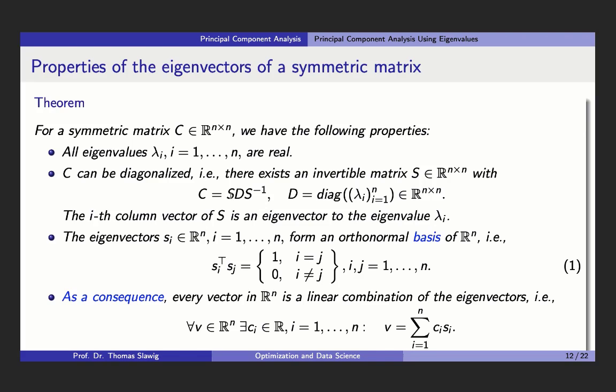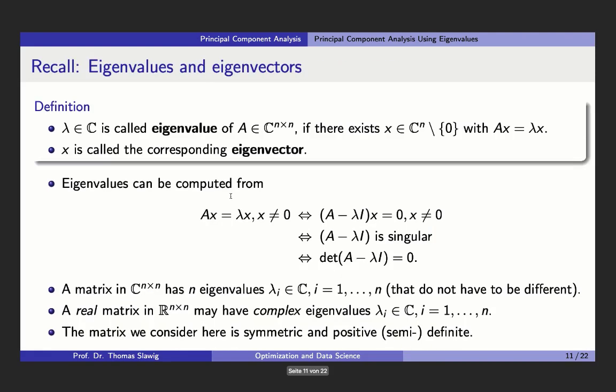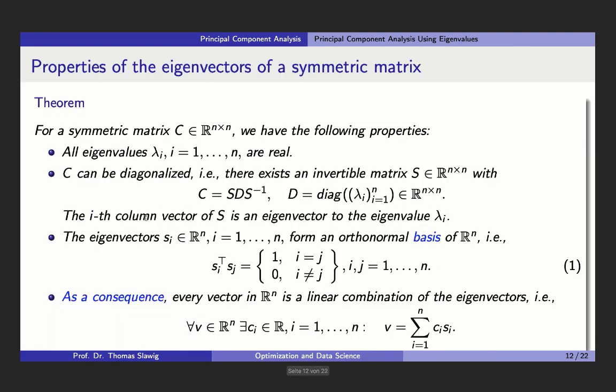And in the matrix S, it can be easily seen from the definition of eigenvalues and eigenvectors that the ith column of S is an eigenvector to the eigenvalue lambda i. So the S_i, if we call it this way, are the eigenvectors.